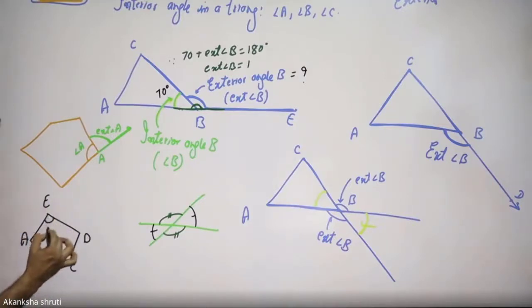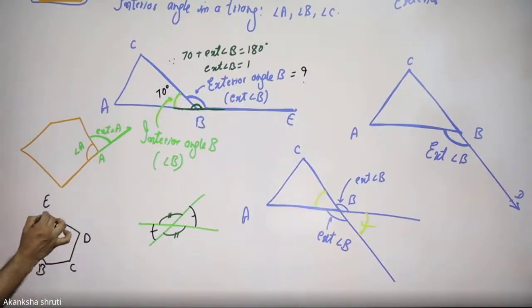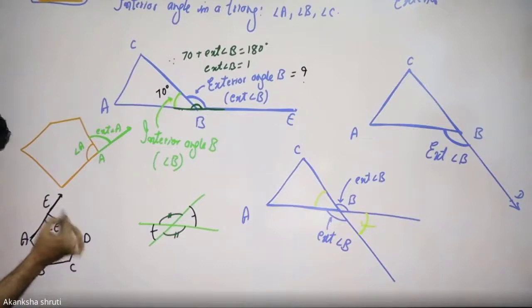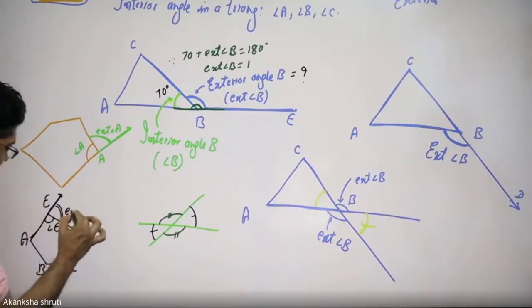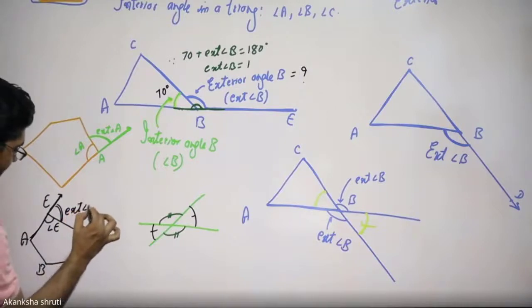This is angle E. For the external angle, you are free to extend AE in this direction. Then, while you have extended this, you have to take the other side. Which one? This one only. Okay, students? Then this is the external angle E.